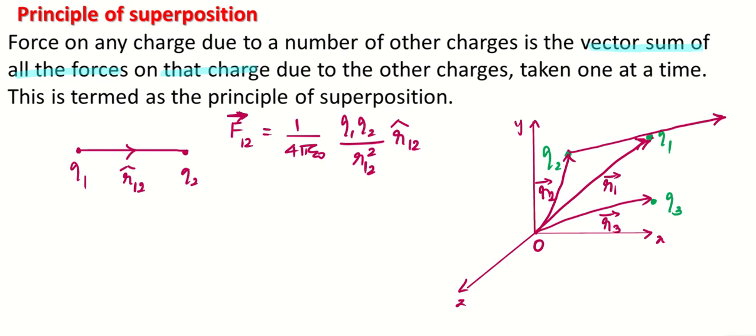This is the direction of force on 1 due to 2. And இதே மாதிரி Q3 repel பண்ணுச்சு அப்படின்னா the force on Q1 due to Q3 will act this way. So we can write this as force on 1 due to 3. This is a vector. So there are two forces acting on this Q1 due to charges Q2 and Q3.